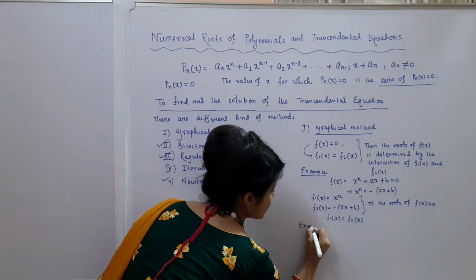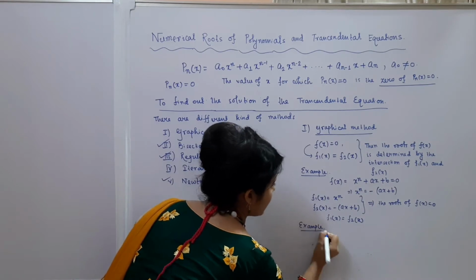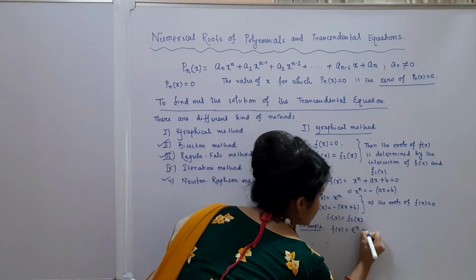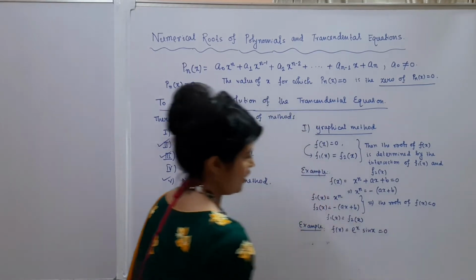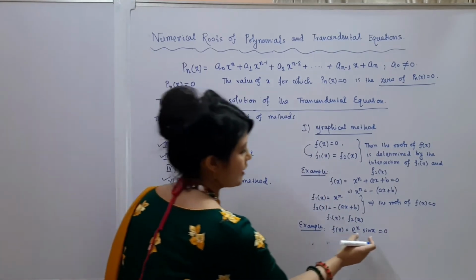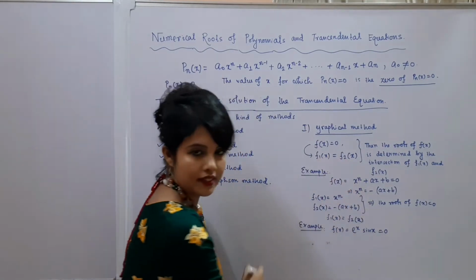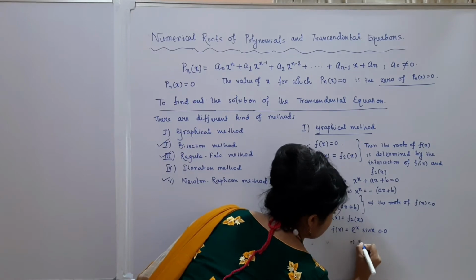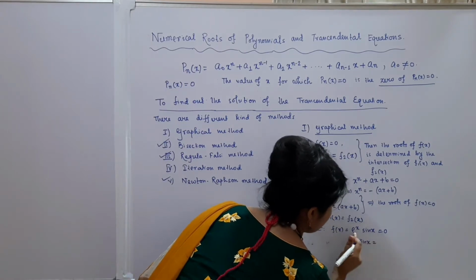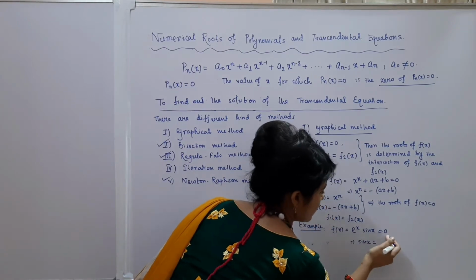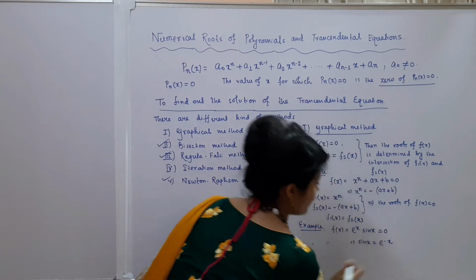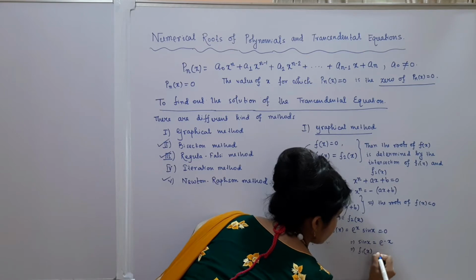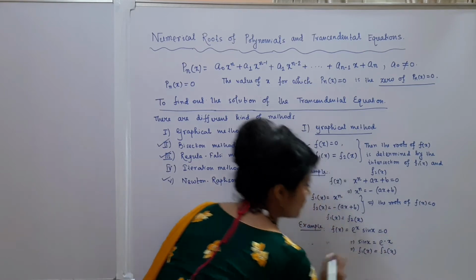Similarly, you can consider an example like f(x) equal to e to the power x sin x equal to 0. Now how do you write this in terms of f1(x) and f2(x)? You can take e to the power x to the other side, so it will give you e to the power minus x. So you can take this one as f1(x) and this as f2(x).